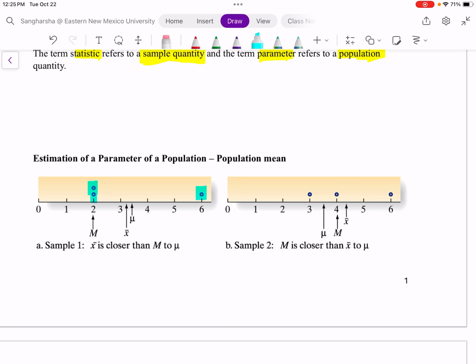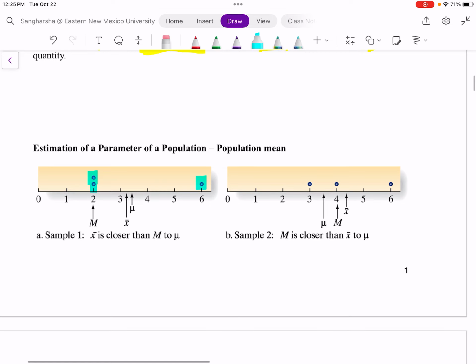So you are rolling a dice 3 times, and you are counting the number of dots that you see on the dice. So you get 2, 2, 6. The order really does not matter. You might get 6 at first, 2 second, and 2 third. It really doesn't matter. So we have this sample.